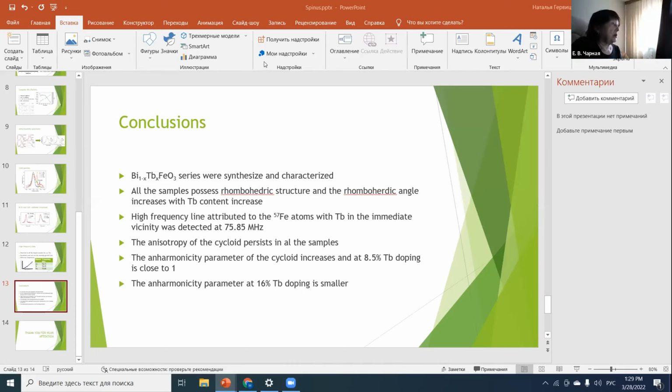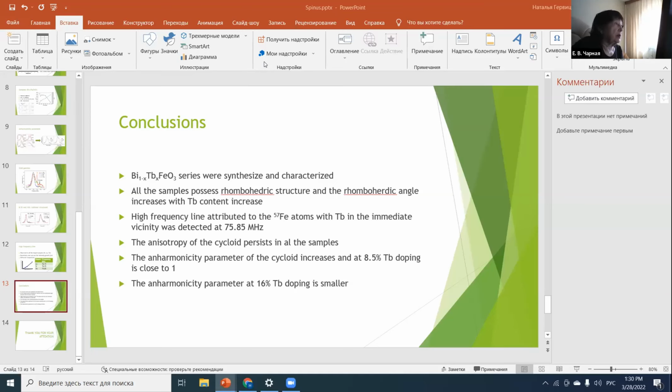And I have also one short question. Since generally the rhombohedral angle changes, we may expect that the temperature phase transitions also shift from the temperatures in the undoped sample.